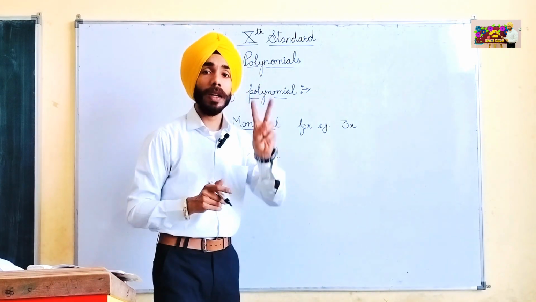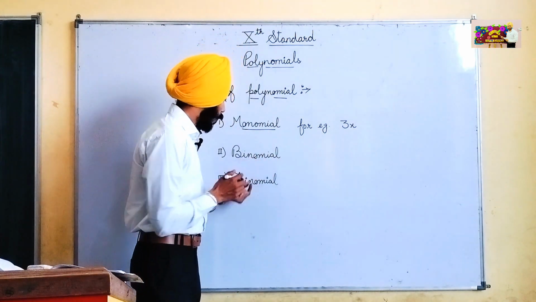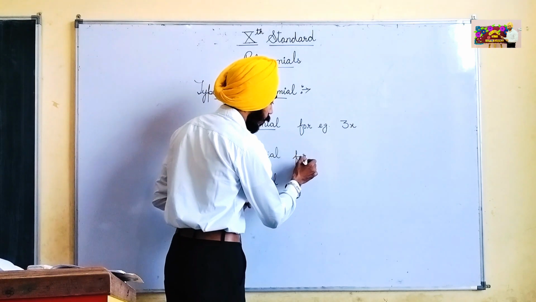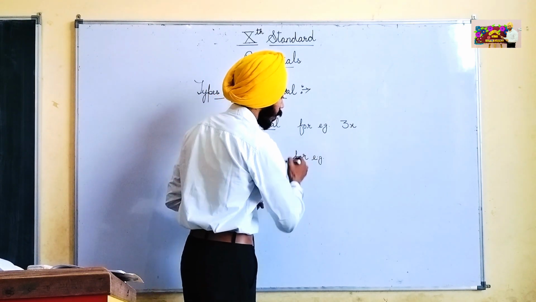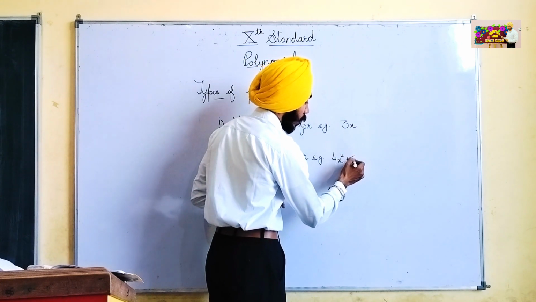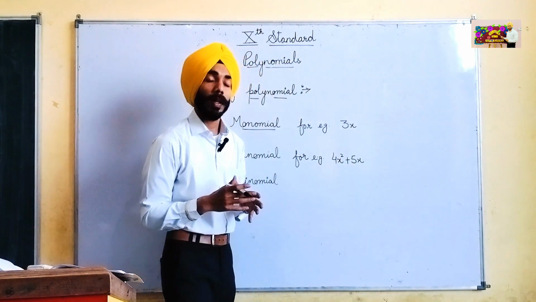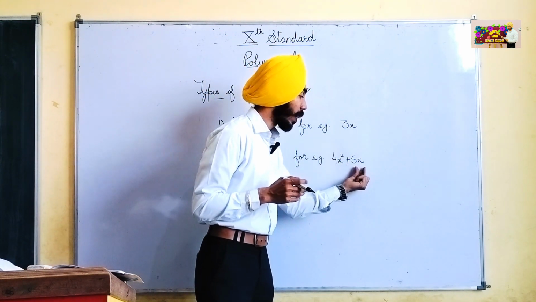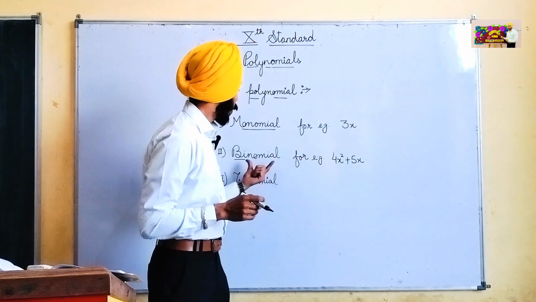Binomial, having two terms. Bi means two. For example, 4x square plus 5x. This polynomial is in variable x and this is binomial.